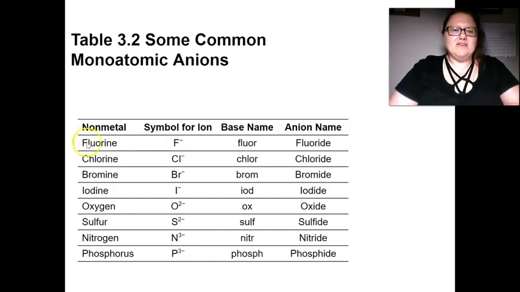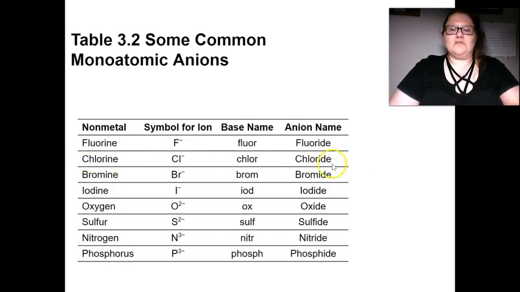Okay, the base name for fluorine is fluor. We're going to chop the "ine" off, and when it's an ion, it's going to be referred to as fluoride, IDE. So just me saying fluoride, you should imagine the F with the -1 charge. If I say to you fluorine, I mean the neutral fluorine, it's just the symbol F.